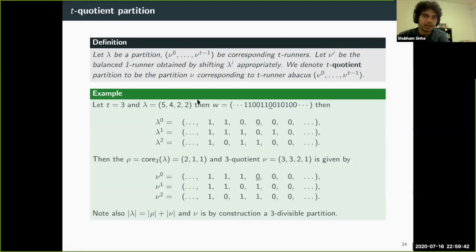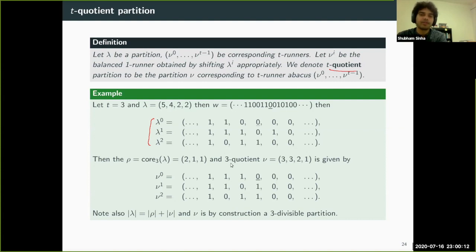So that's what happens. The T quotient is defined as follows. We basically take the T runners of the partition, and then shift each row to make it balanced. When you shift each row to make it balanced, you forget how much shift each row has, so you forget the position of justification.